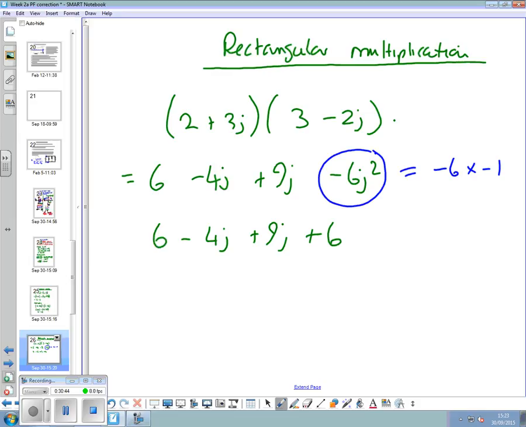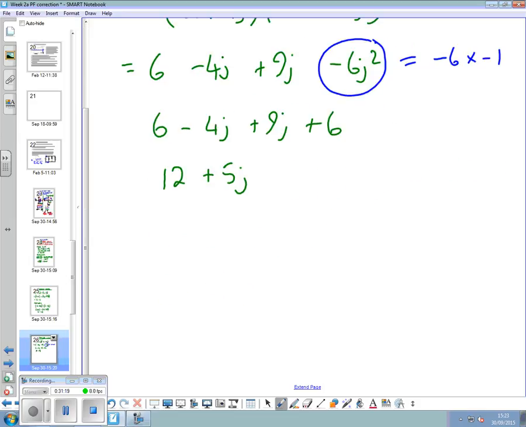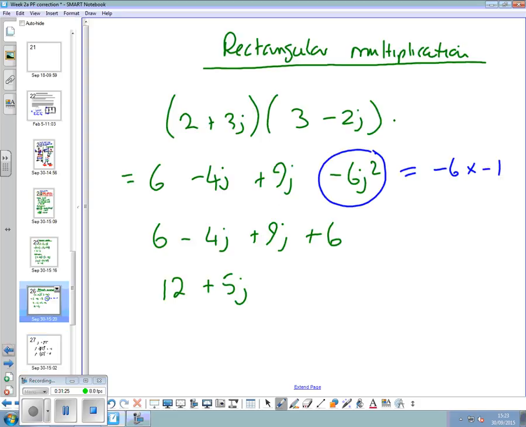We can now pull together the two real parts: 12 plus 5j. So the j squared effectively changes the sign of that last term. All right with that?